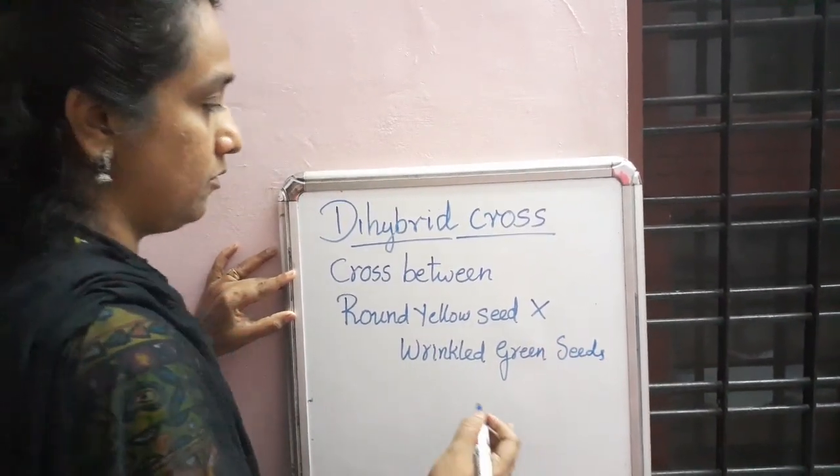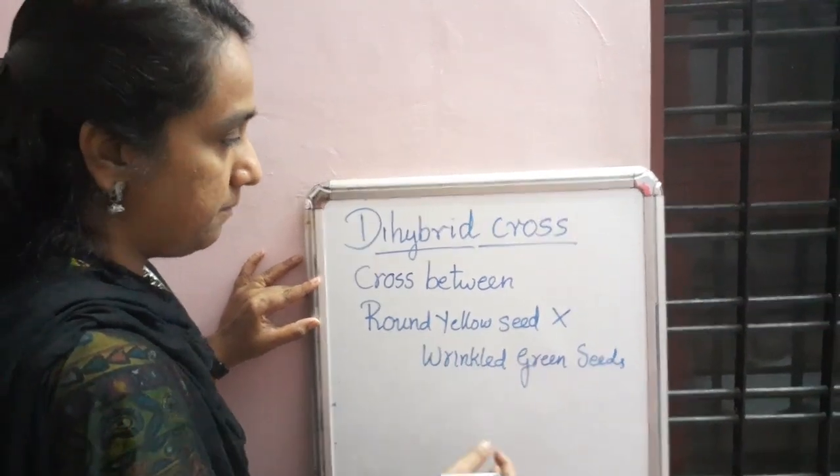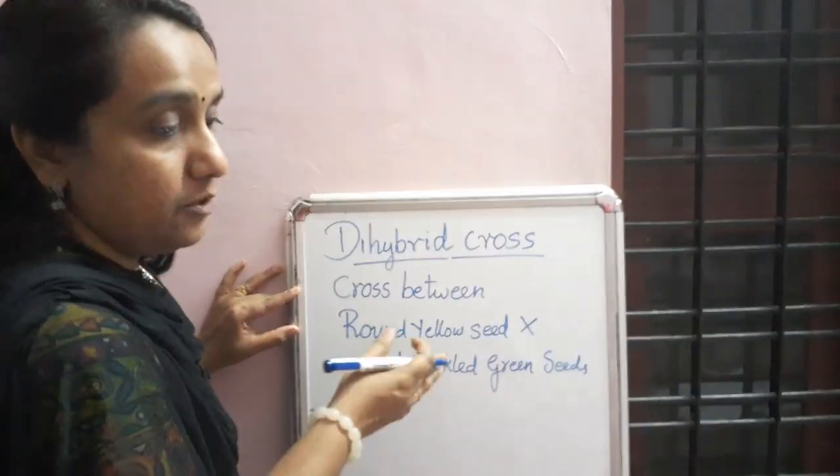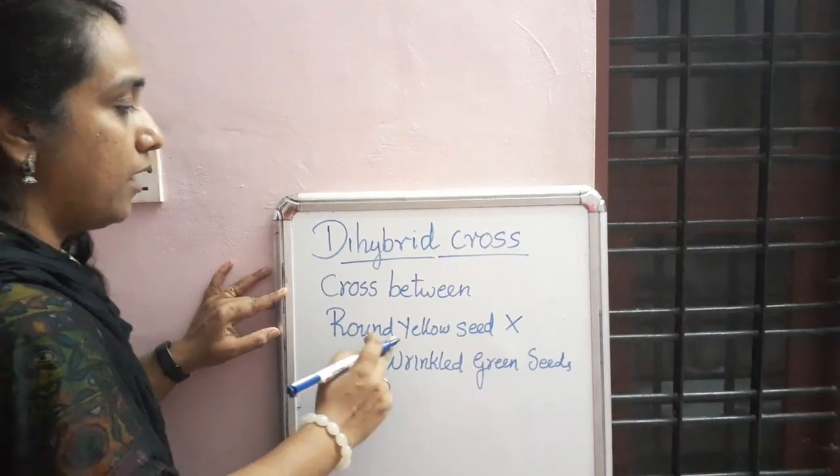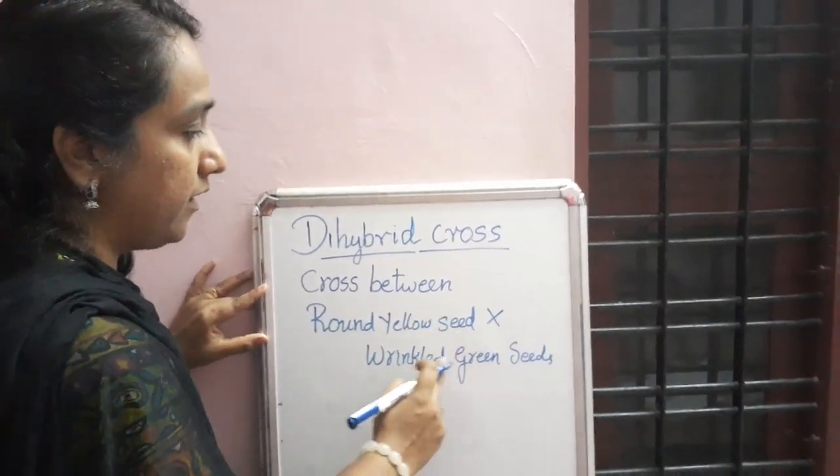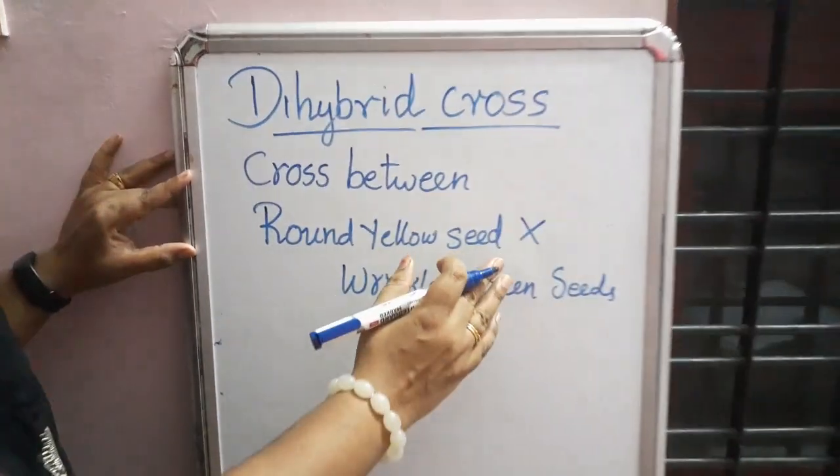You can write it down. After some time I have to rub it, so you can write in your rough book. So round yellow seed and wrinkled green seed, we are crossing it.